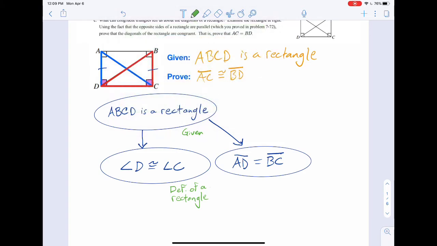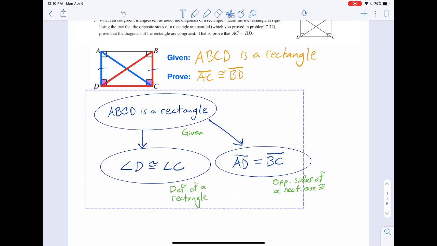Take a moment and see if you can figure out what our justification would be. If you put properties of a rectangle, that works, or you could put opposite sides of a rectangle are congruent. That's one of the properties of a rectangle.